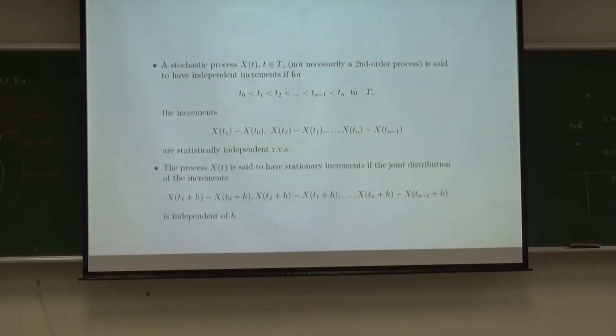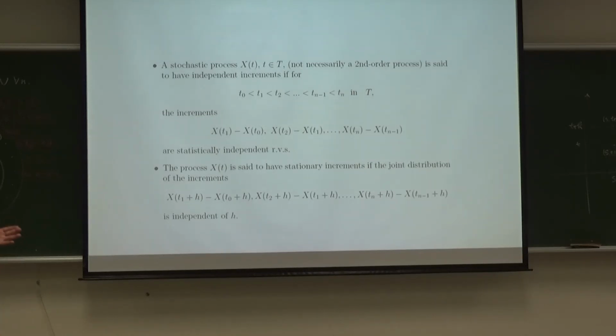Now we go further, that we have time up here. So in the rest of this section we will include more and more properties about the second order process. For example, independent increments, as we have for the sum process, right? And also stationary increments, right?